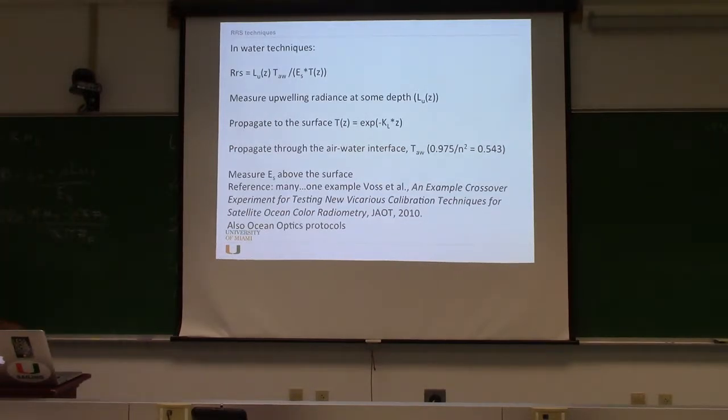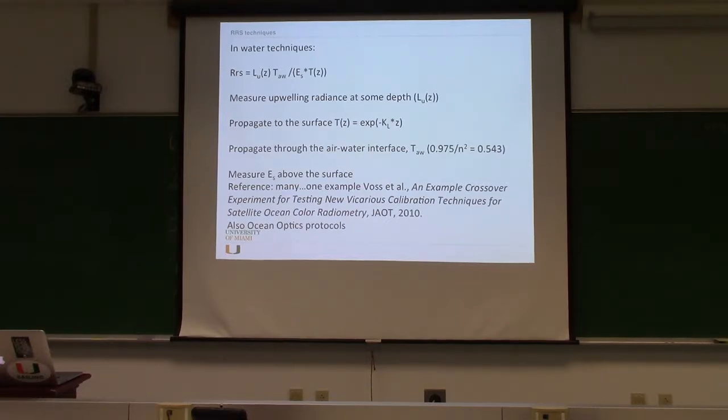In-water techniques to get the remote sensing reflectance. What you have to do then is make some measurement. So here's the surface. You're going to make some measurement of the upwelling radiance with your radiometer. You have to multiply it by the transmission of the air-water interface.